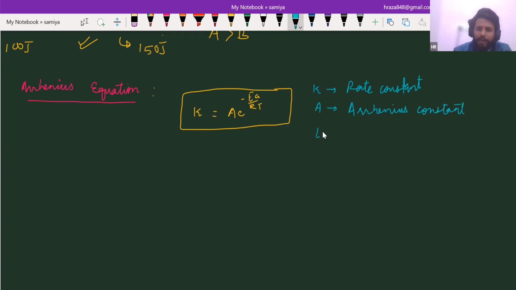And Ea is your activation energy, basically the energy required in a reaction to convert into product. R is your gas constant, the ideal gas constant, and T is your temperature.